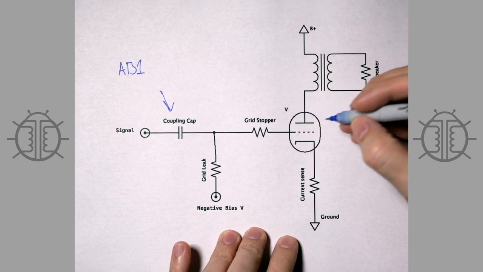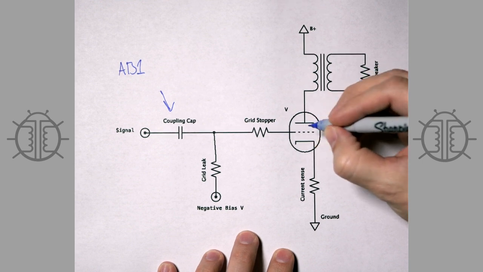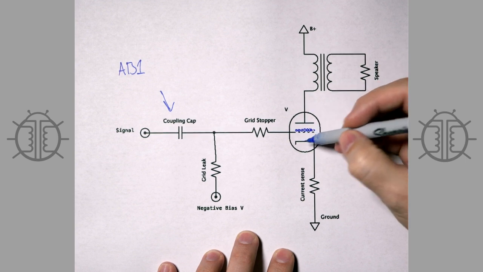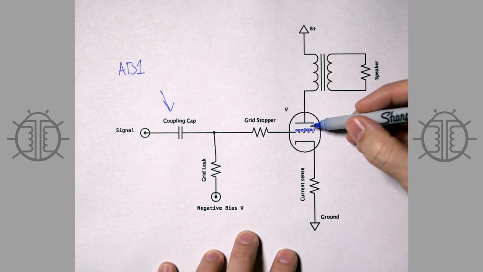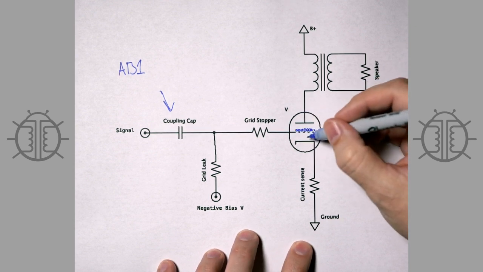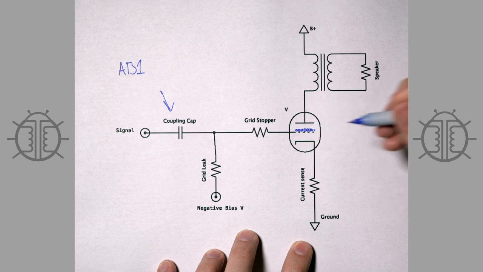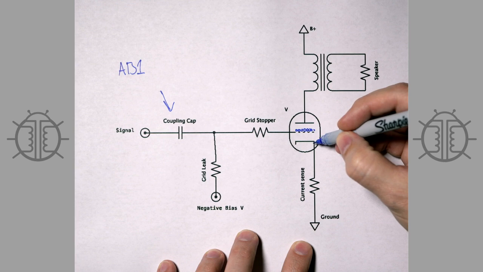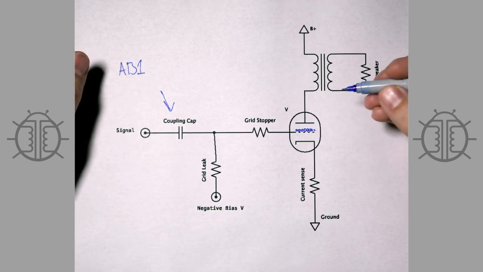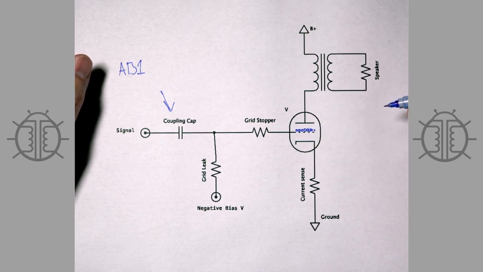And the way it does this is it's charged negative by this negative bias voltage, and the electrons sort of pack up right here, and electrons repel electrons, just like a lack of electrons attracts electrons. And so you turn the tube off by making the control grid negative compared to the cathode. So if you make the control grid negative enough, you turn the tube off. And if you don't make it negative at all, you turn the tube all the way on.